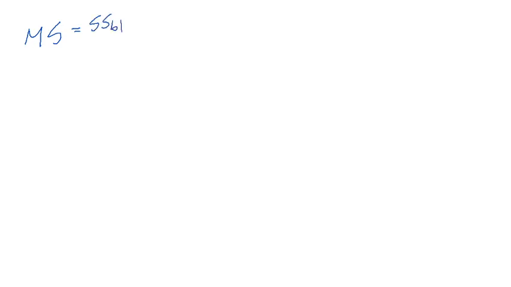So here we need the sum of squares between, which we just calculated, and we're going to put that over the degrees of freedom between. So this is equal to 0.3 over 2. And if we calculate that, we get something like 0.15. So this is the MS between.